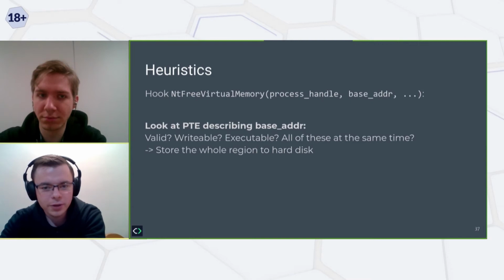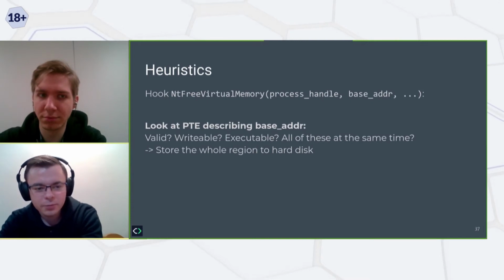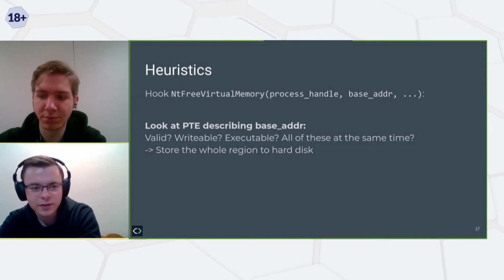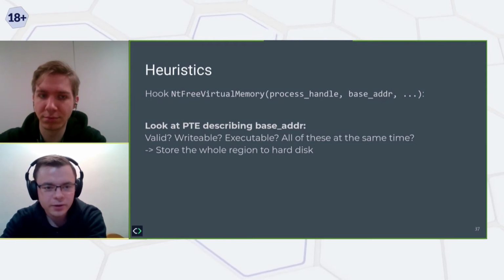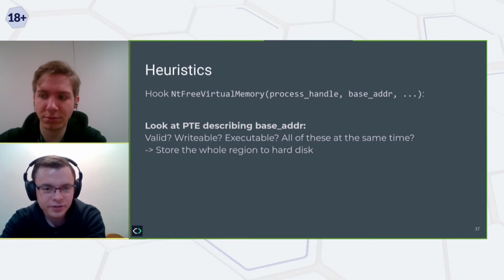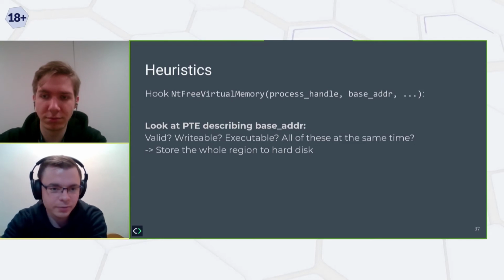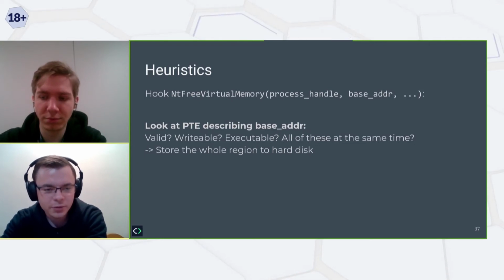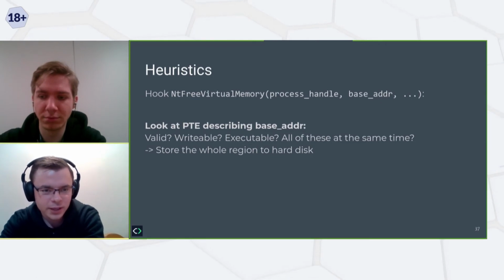So while being in the kernel mode, we could easily look at things like page table entries. So we could check the page table entry at the first page under the base virtual address, and we could check whether it's valid, writable, executable, and all of these three at the same time.